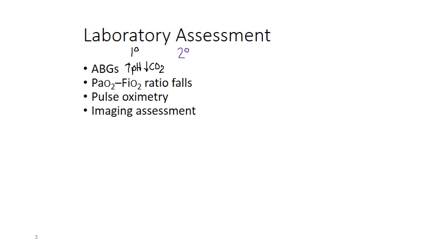So now the CO2 levels rise, and I'm not exchanging gases as well. And depending on the size of the PE, this may happen very quickly or very slowly. You can actually have lots of PEs at once. So secondly, my pH will drop and my CO2 will rise.